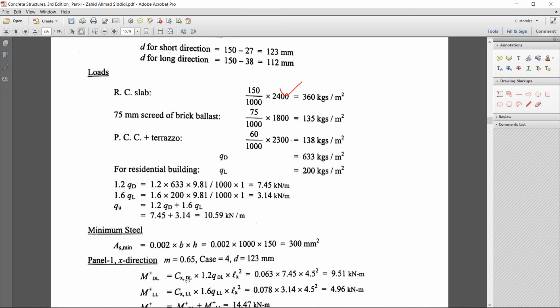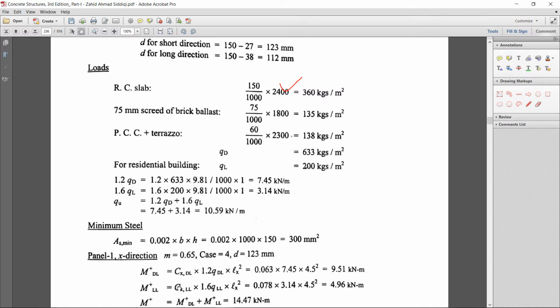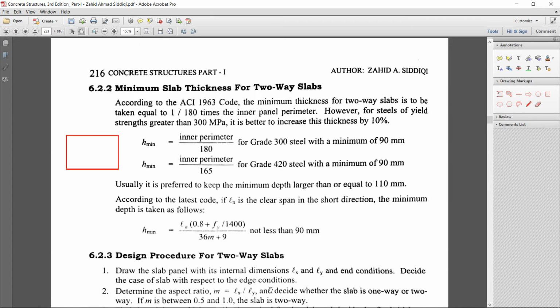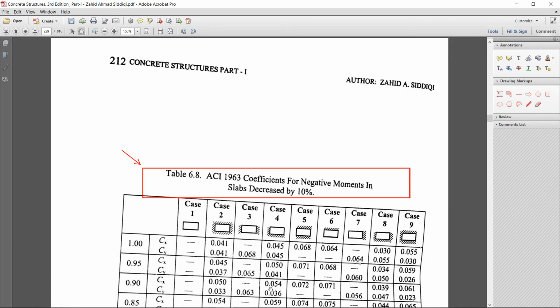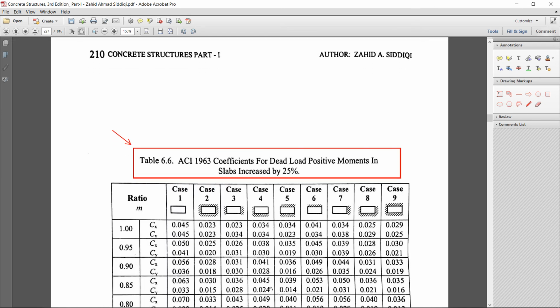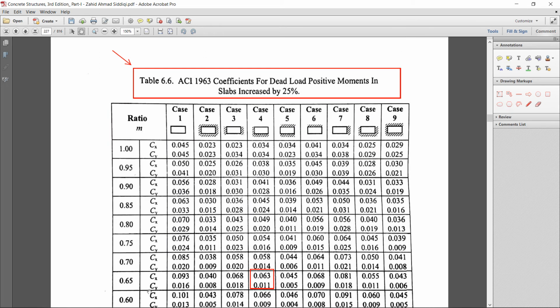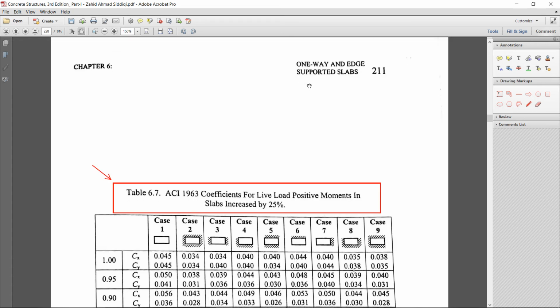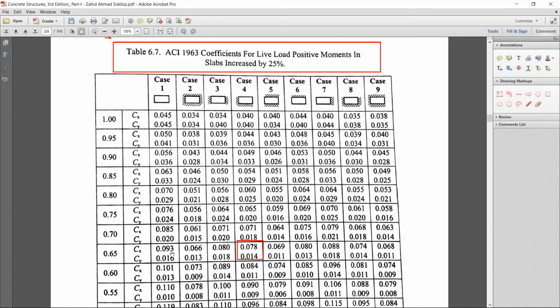So the coefficients are 0.063 for dead load and 0.078 for live load. Let's go check. You can see 0.65, and again Cx in the X direction is 0.063 for the dead load and 0.078 for the live load.